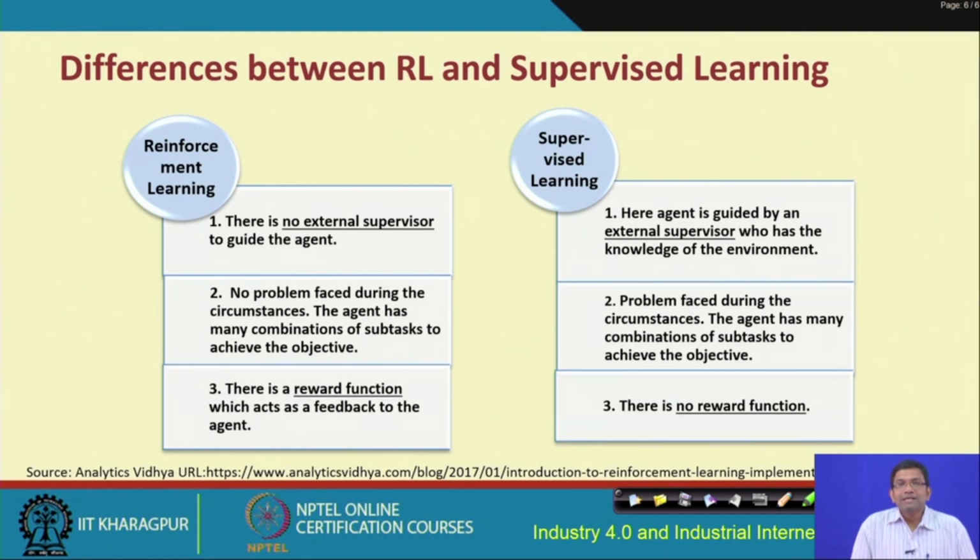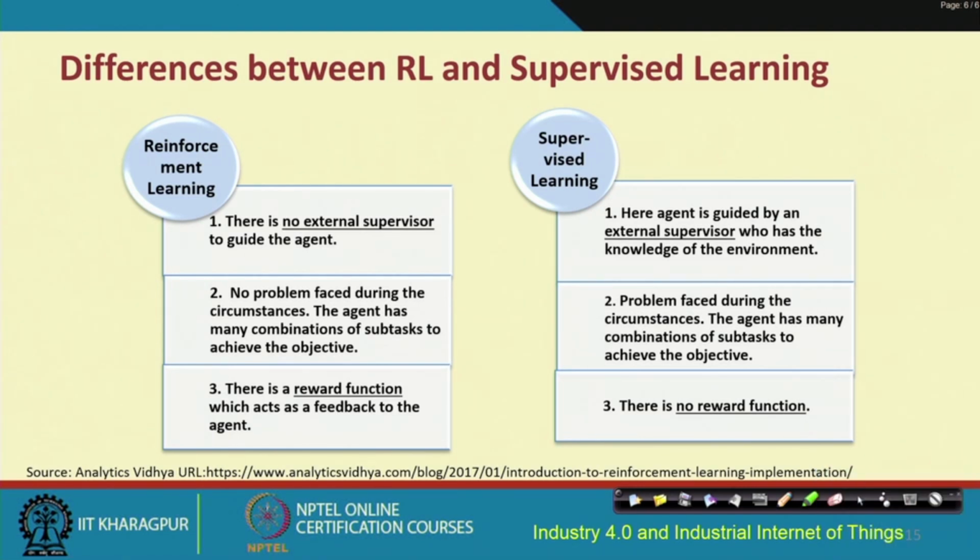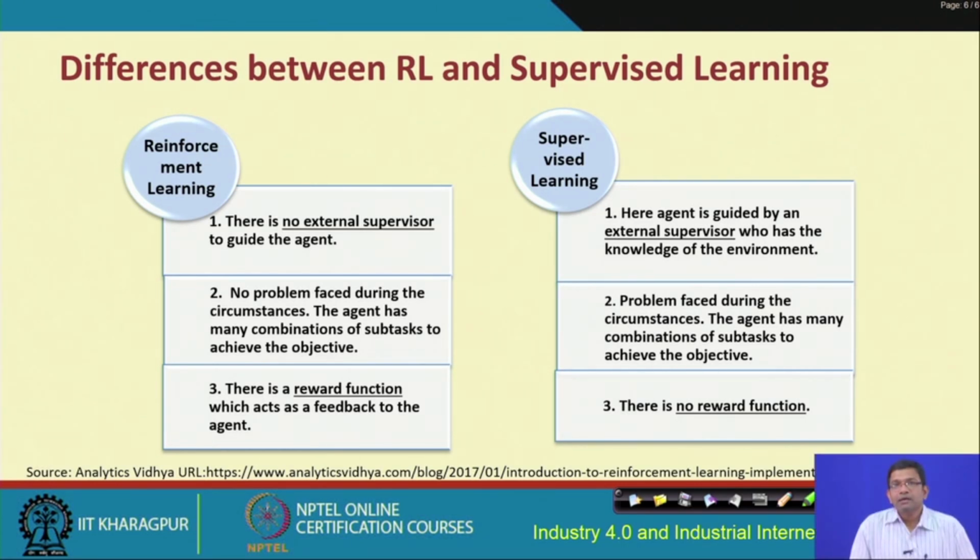That is where the training data set becomes useful. In reinforcement learning, a reward-penalty structure has to be in place, whereas because the external supervisor with previous knowledge is already used in supervised learning, you do not need a reward function there.